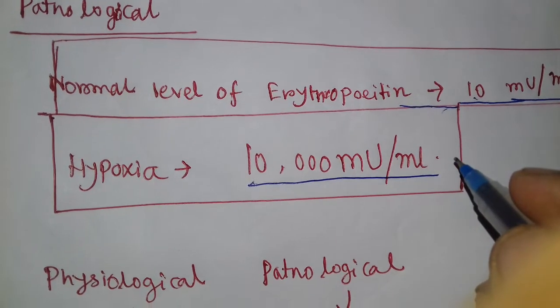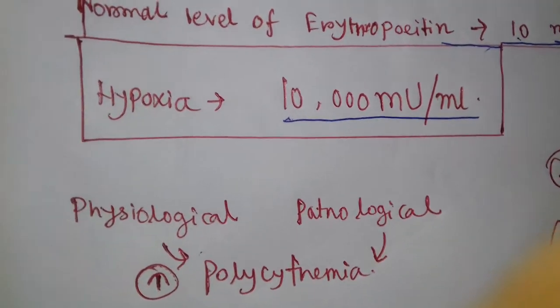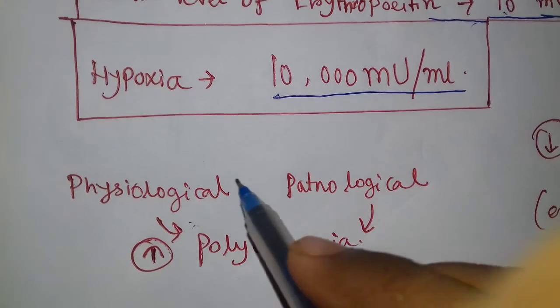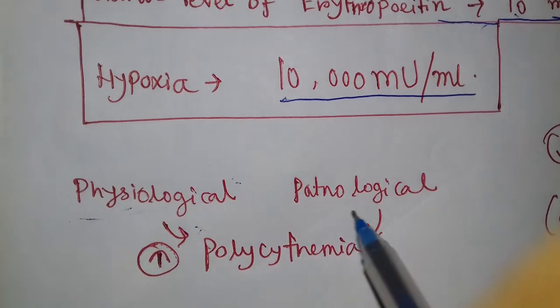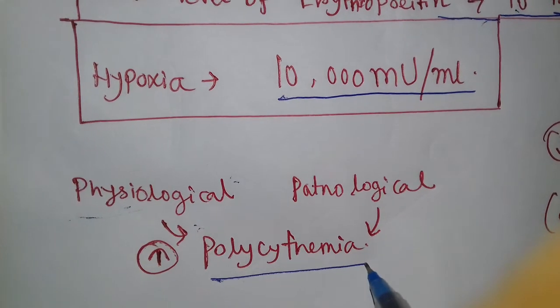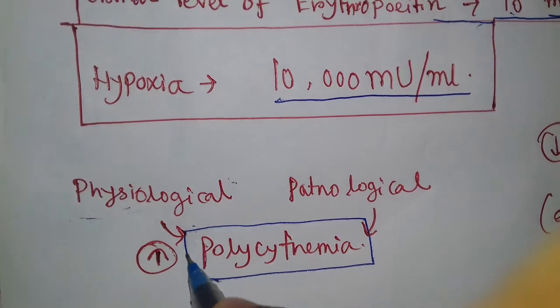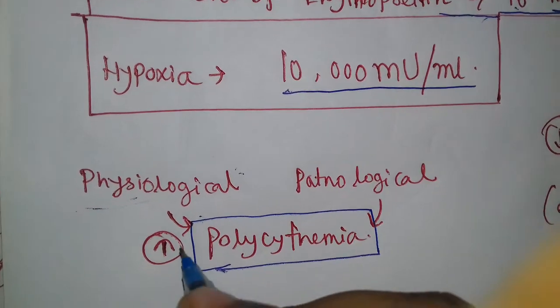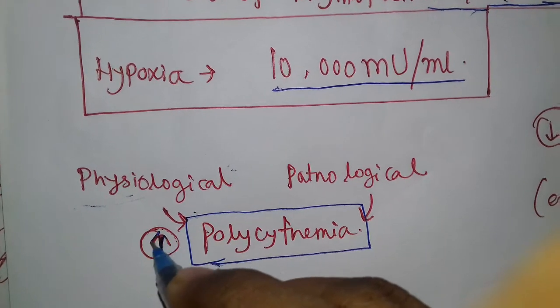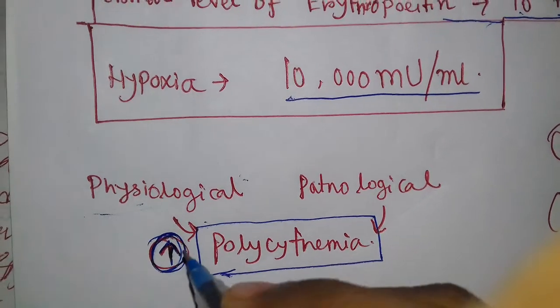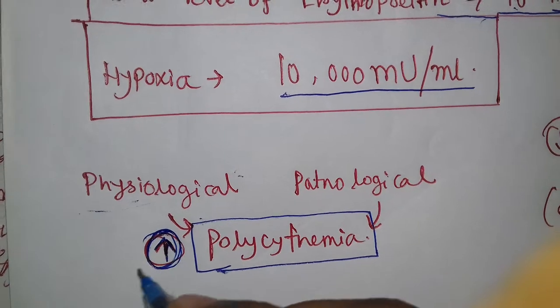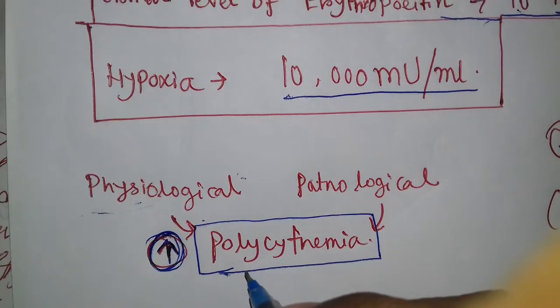The clinical significance is that we can differentiate between physiological and pathological polycythemia by measuring this erythropoietin level in the blood, because in case of physiological polycythemia, the erythropoietin level will be increased in the blood plasma.